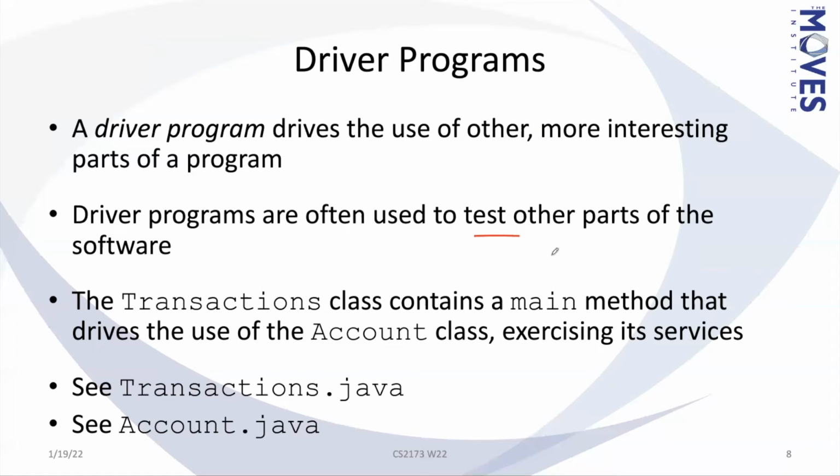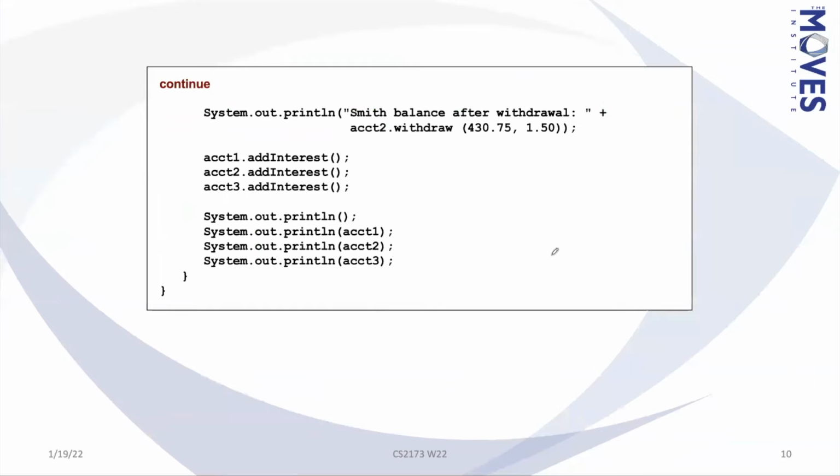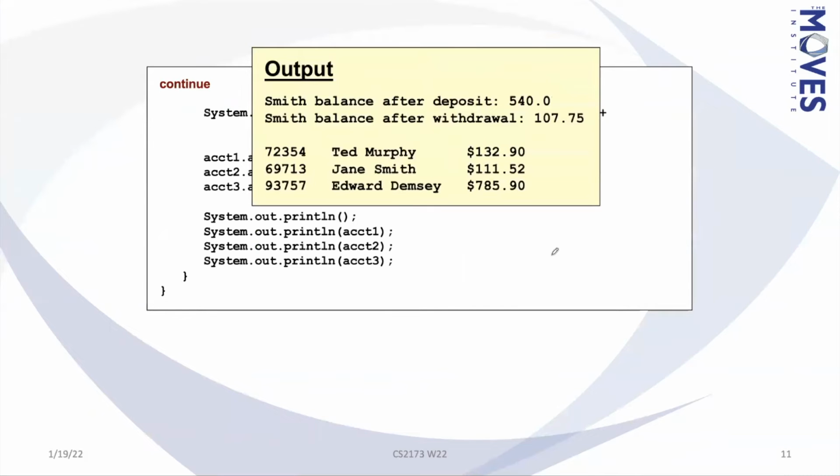That is their only purpose. And that's why producing the output is not really the important thing. The important thing is whether the class has been written correctly.